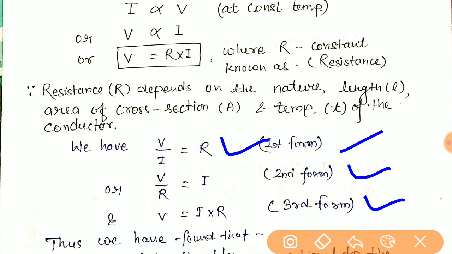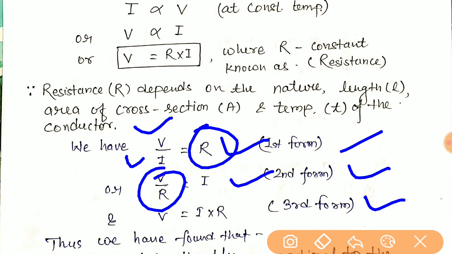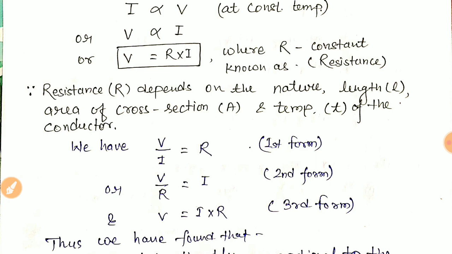In this way, when we need to find resistance, put in the values of voltage and current. If we want to calculate current through the circuit, then put in the values of these, and if we want to find the value of voltage, then multiply current by the resistance. If any two values are given, the third can be found very easily.